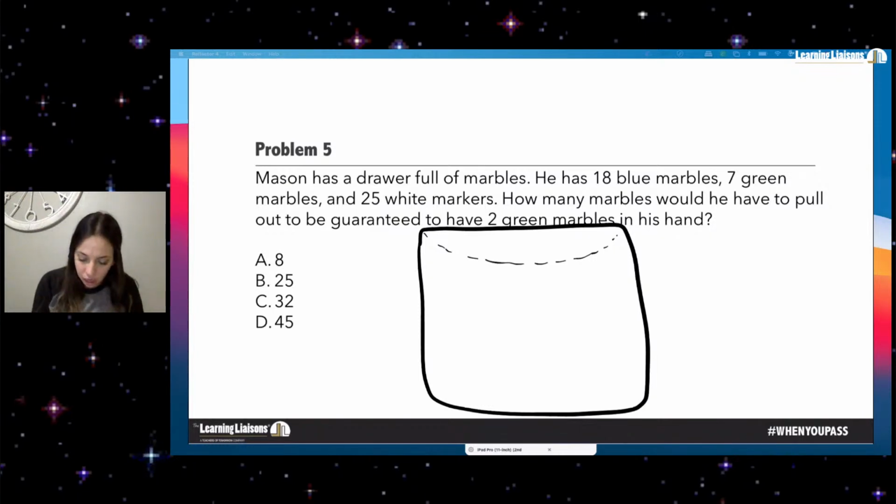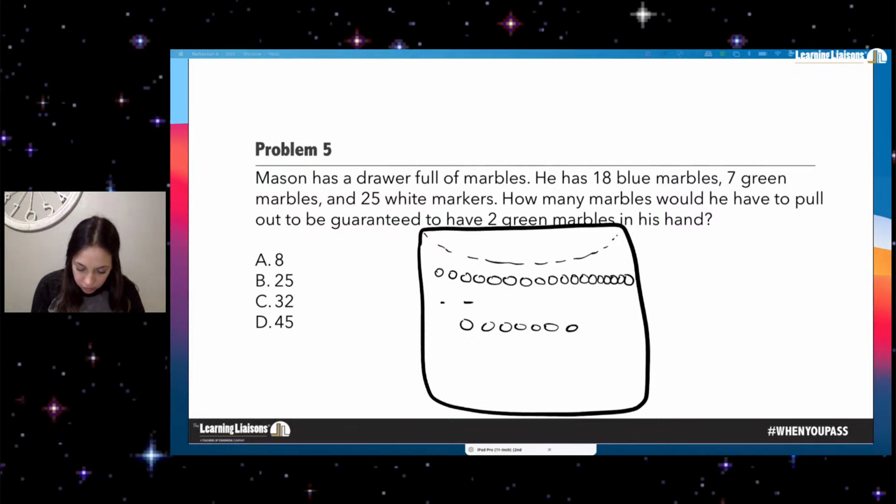And in here, I have 18 blue marbles. 1, 2, 3, 4, 5, 6, 7, 8, 9, 10, 11, 12, 13, 14, 15, 16, 17, 18. I have 7 green. 1, 2, 3, 4, 5, 6, 7. And I have 25 white. And I'm going to pretend those are the white. Okay? How many marbles would he have to pull out to be guaranteed to have 2 green marbles?